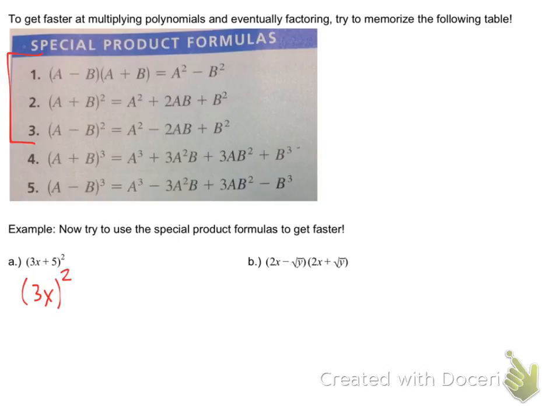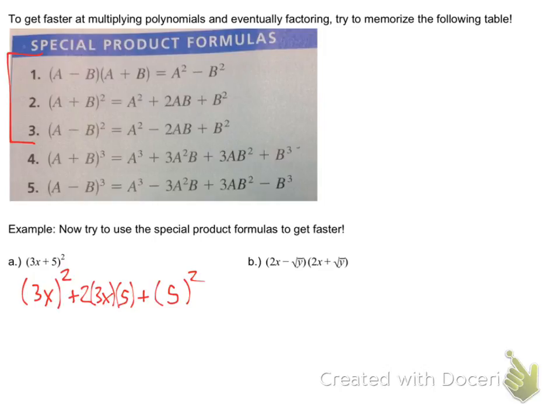So I get 3x squared plus 5 squared. Each of the corners squared. And then I can go inside and say, I'm going to multiply it by 2, take the first term and the second term. And now you just evaluate that, and you got an answer.